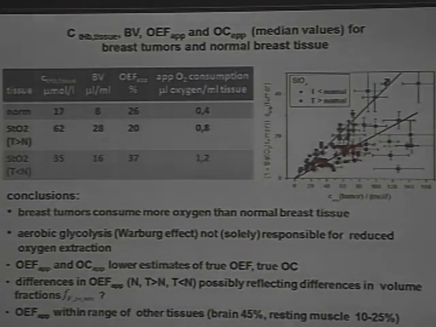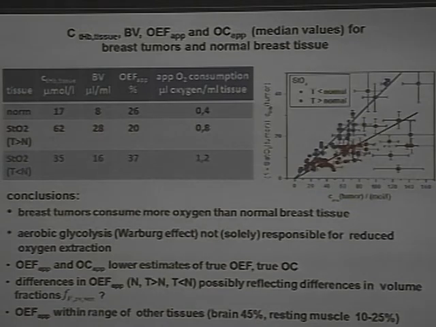And what you see here, breast tumors always consume more oxygen than normal breast tissue. This is twice or three times as much. And this means that the so-called aerobic glycolysis, the Warburg effect, where you use a lot of glucose to produce energy, cannot be made solely responsible for the reduced oxygen extraction fraction.